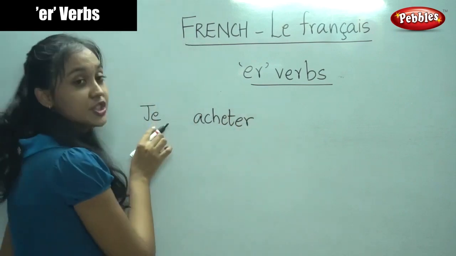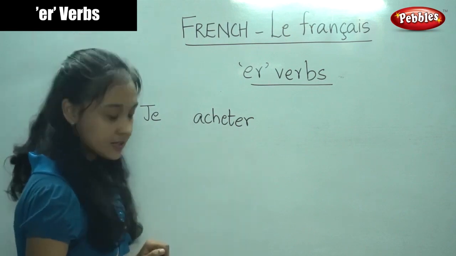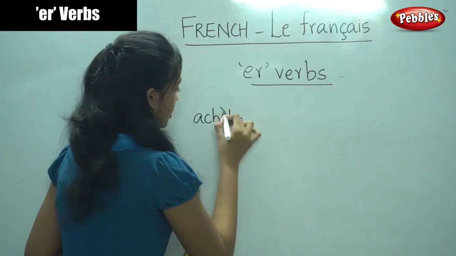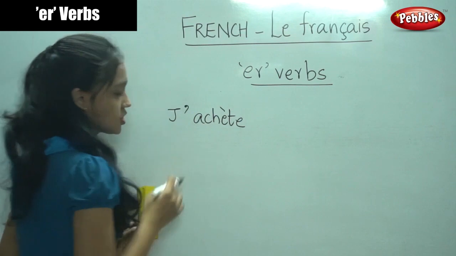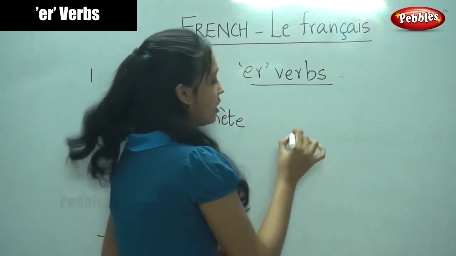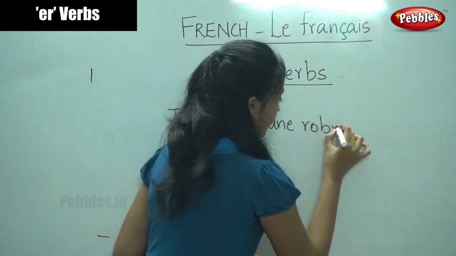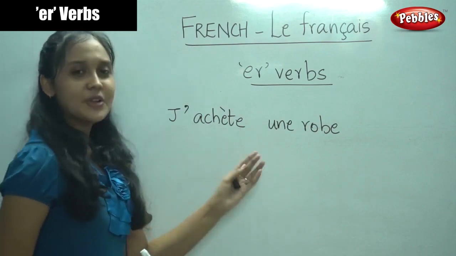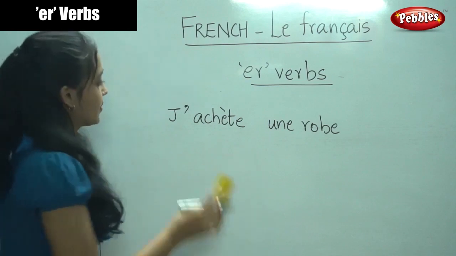However, for je conjugation, do you remember what is the verb? It is j'achète. So, j'achète une robe. So, we have formed a simple sentence. You can practice by trying to form your own sentences in French.